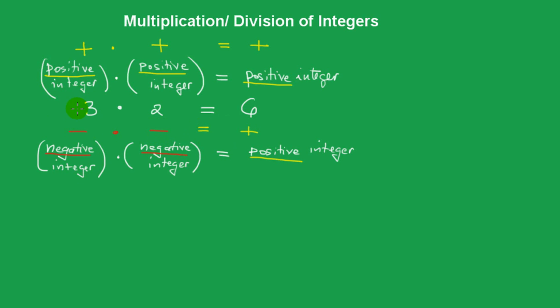So when the integers have the same signs, positive and positive, the answer is positive, or negative and negative, the answer is positive. So for example, you have negative 3 times negative 2, the answer is 6.